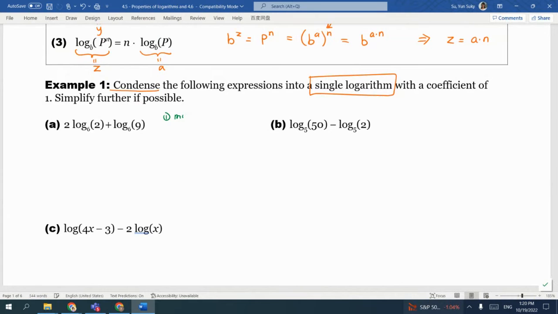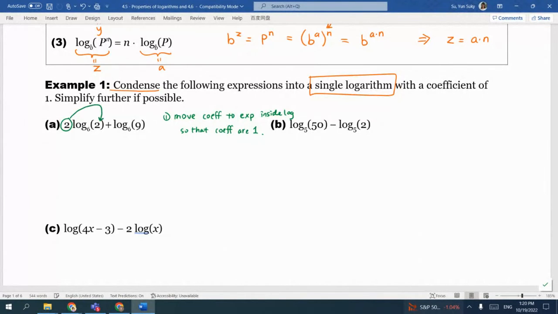Okay, now let's see. First thing, what we do is make sure all the coefficients are 1, so move all the coefficients to the exponents inside the log. Like here, do you see the coefficient is 2?